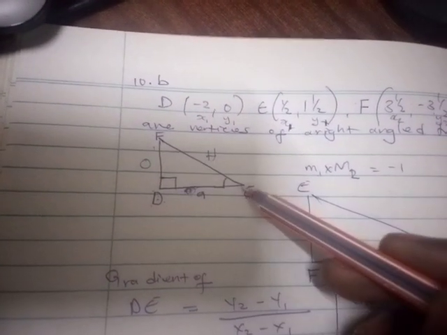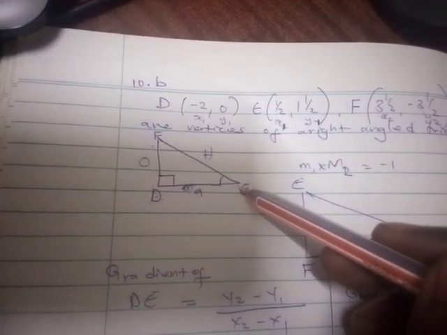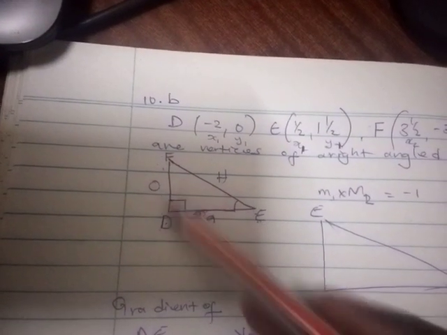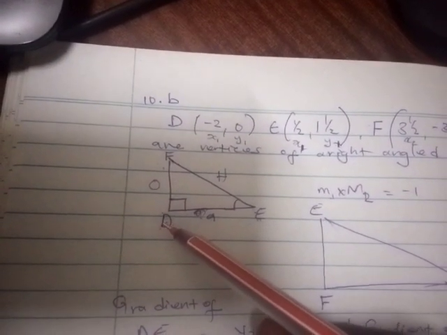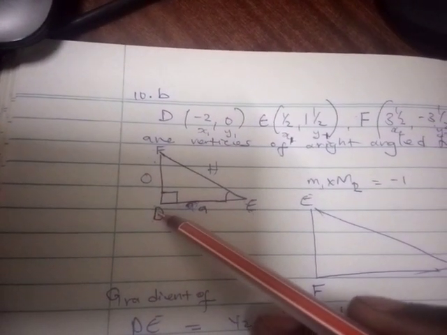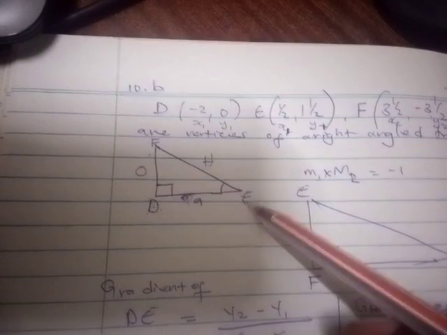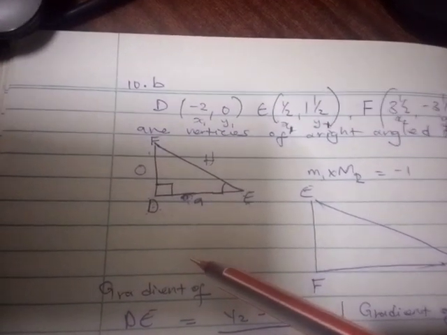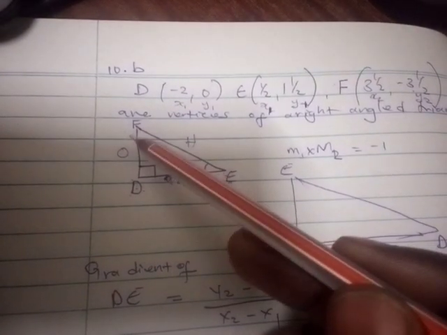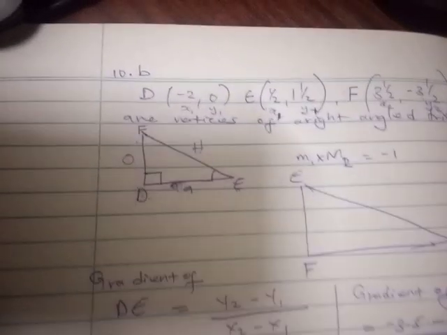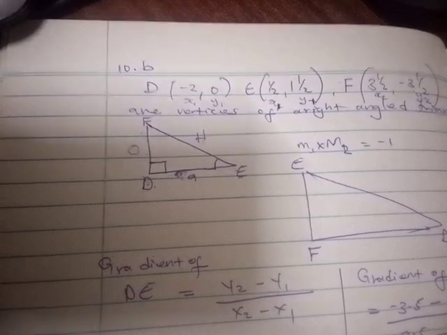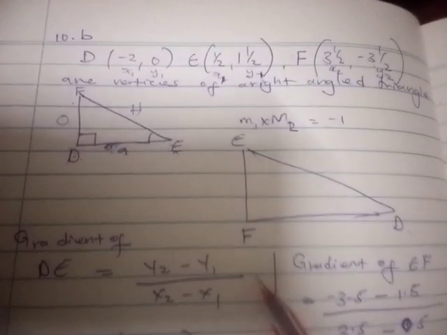So the hypotenuse is always the longest of the three, and then the remaining two. So you know we have been looking for distances. To know the shortest side, we have to look for the distance DF and also distance DE. Then you will see the one which is less than the other, and that one will be giving us the shortest distance.